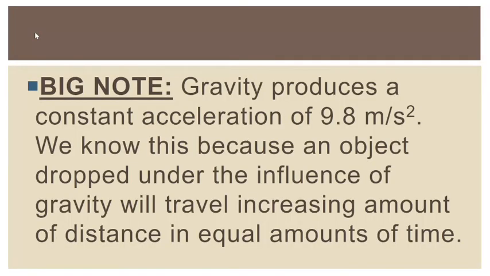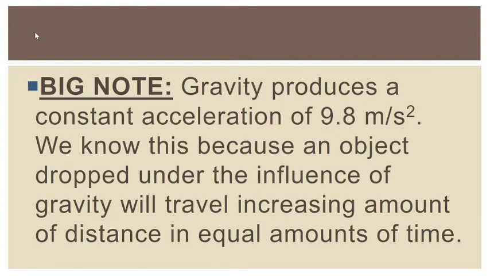So there's really not a whole lot to say when it comes to how you're supposed to approach solving these problems. The main thing to remember here is because free fall is an example of accelerated motion, then all of the equations that we use for accelerated motion apply.